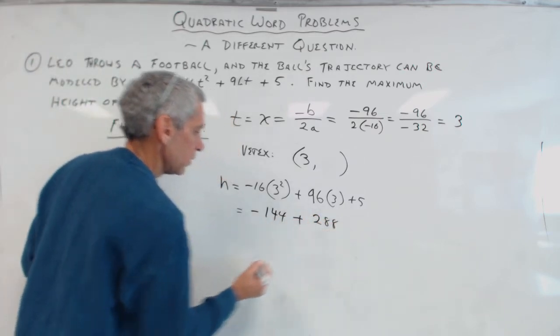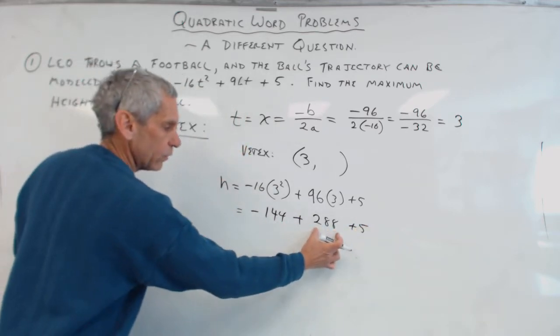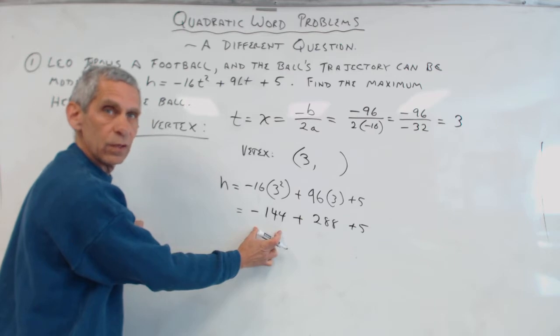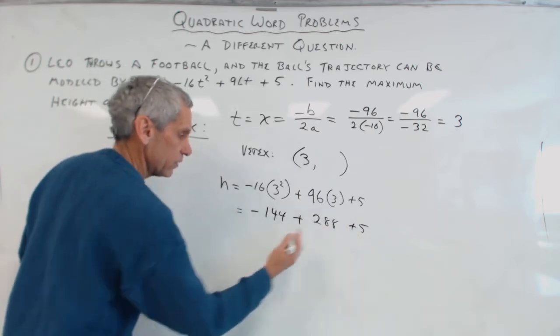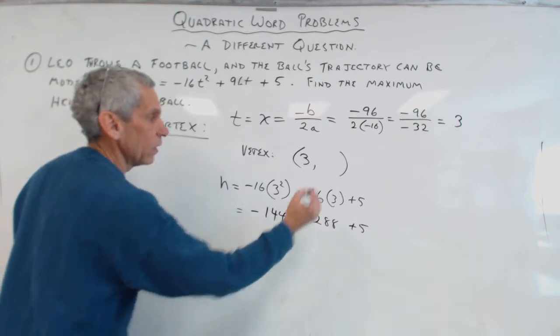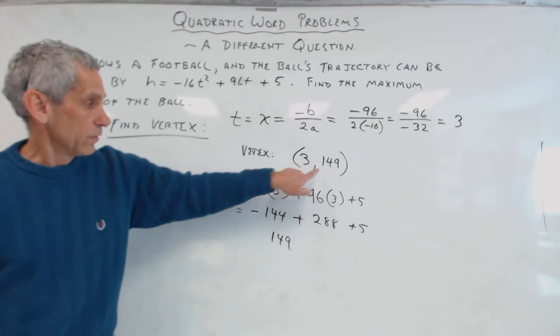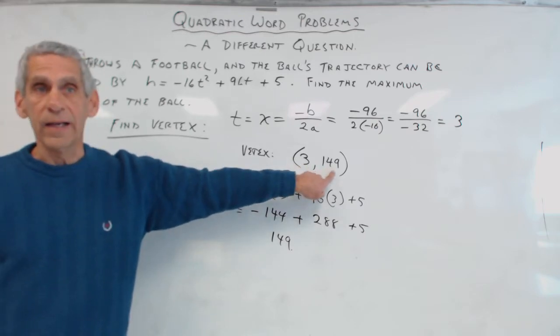Okay, plus 5. What is 288 minus 144? 144. So 144 plus 5 is 149. So this is the time and this is the height.